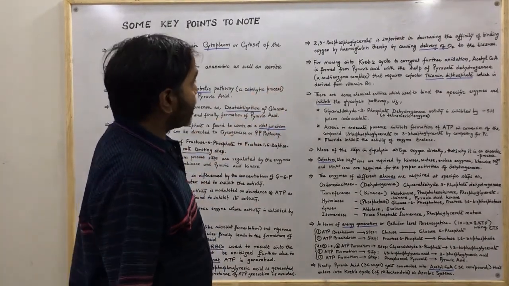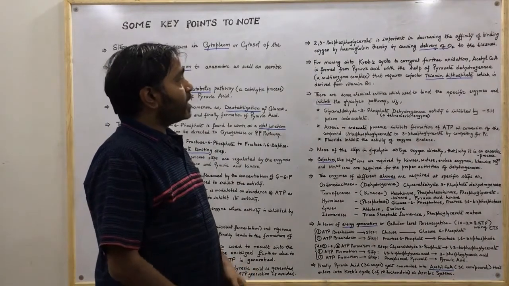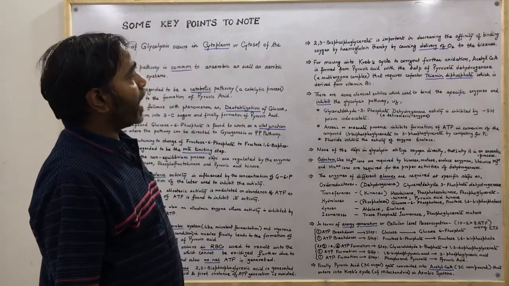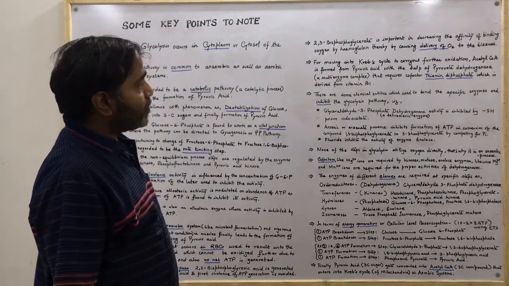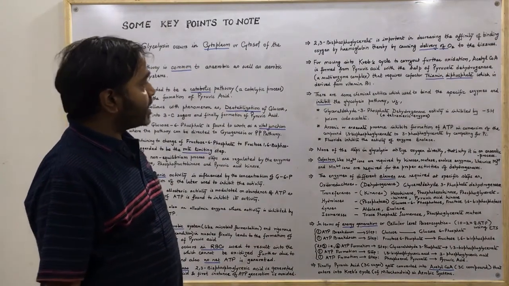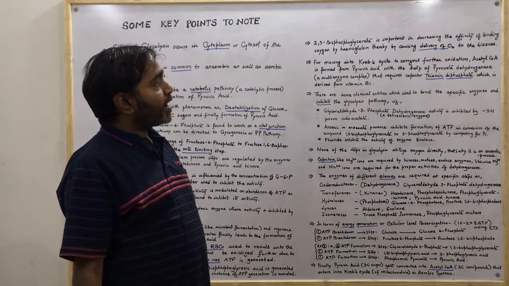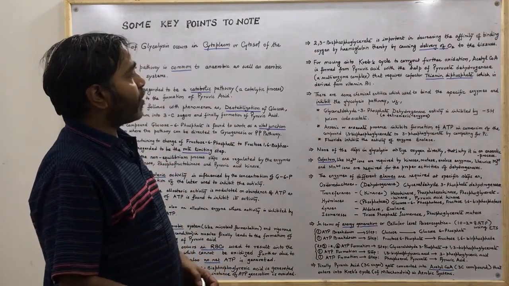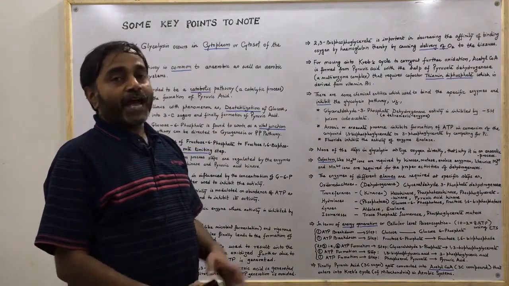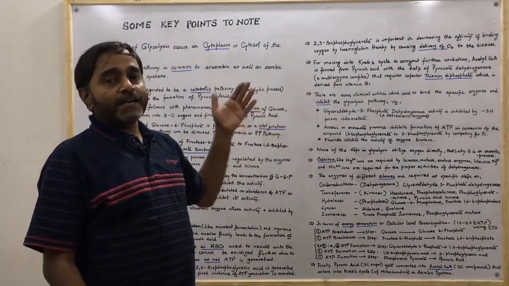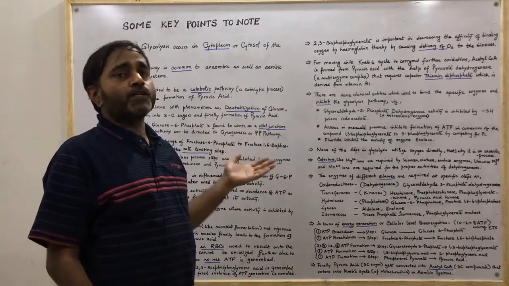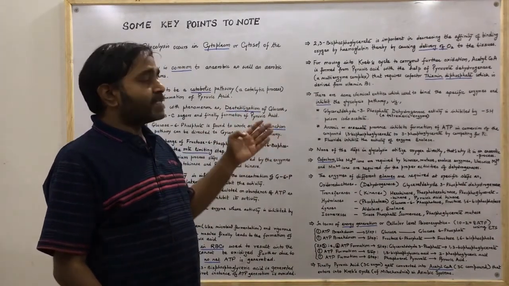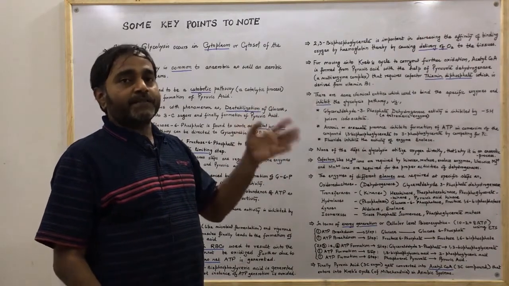Now what is the next fact? For moving into the Krebs cycle to carry out further oxidation, acetyl-CoA is formed from pyruvic acid with the help of pyruvate dehydrogenase, a multi-enzyme complex that requires the cofactor thiamine diphosphate, which is derived from vitamin B1. As we know, thiamine is vitamin B1, and as I already told you, NAD contains niacin, which is derived from vitamin B3.